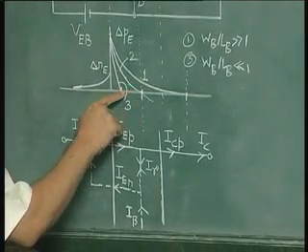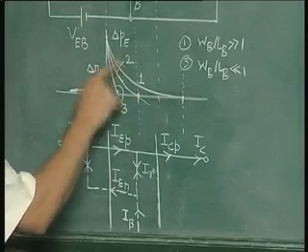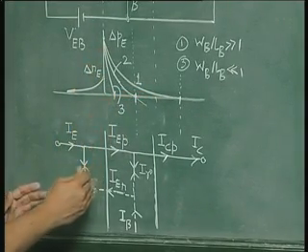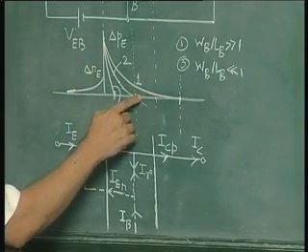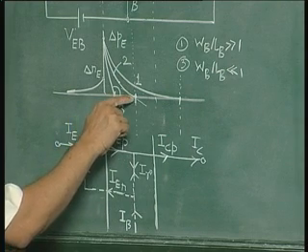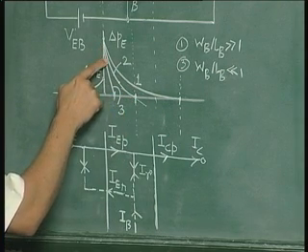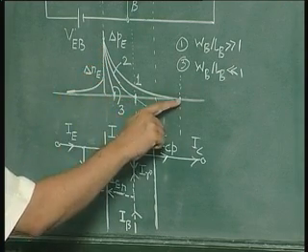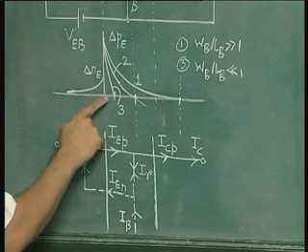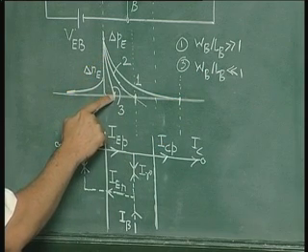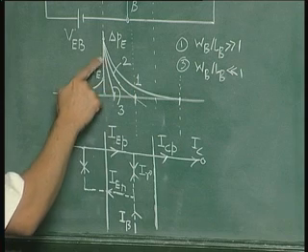Now you can see that these two slopes are progressively becoming closer and closer as you reduce your WB. So the difference between this slope and the slope here is less as compared to the difference in the earlier case, and it is further less when you come to curve 3. So this slope is almost the same as that slope.